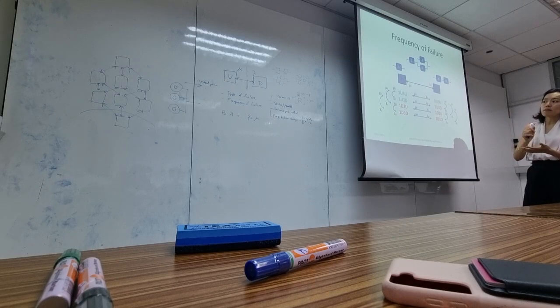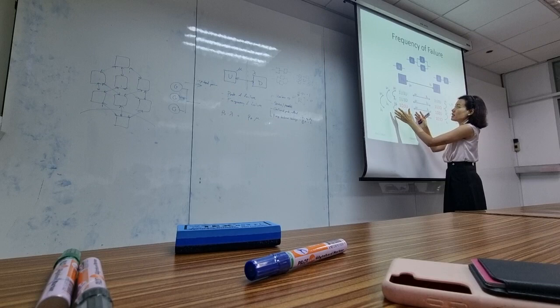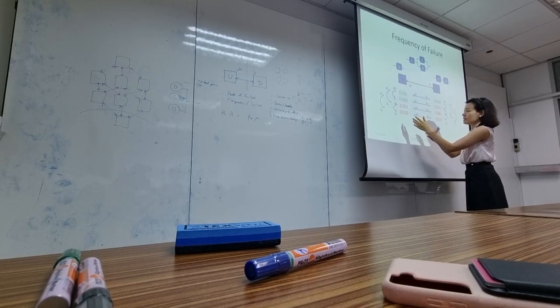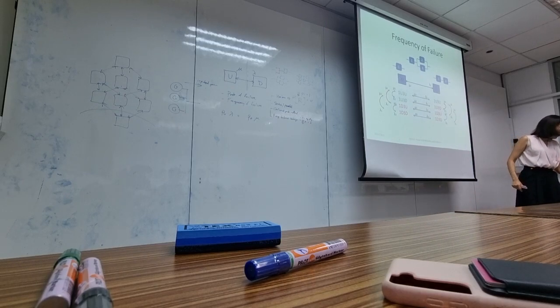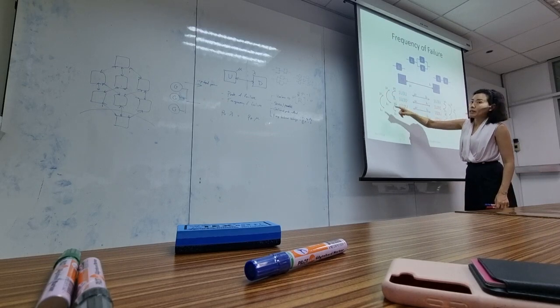Essentially, for the conditional probability method, you want to calculate the frequency when the complicating component is working in one equation, which is when the failure happens.